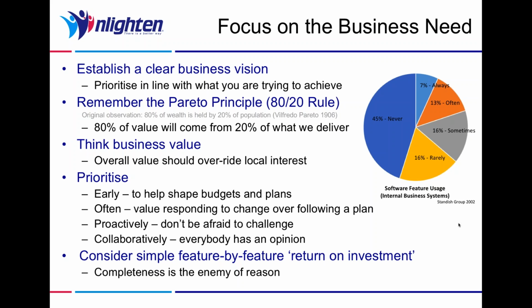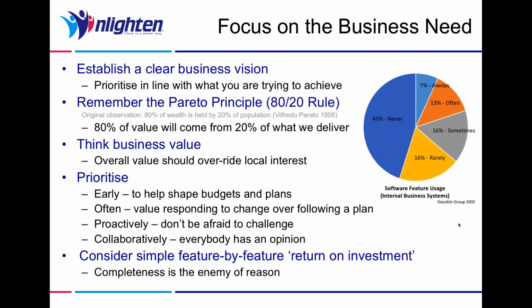So the idea here is that if we can de-scope things that, you know what, may never get used anyway, then nobody's going to feel that the solution is less valuable than it might have been. So what we exploit is the Pareto Principle, the 80-20 rule, which basically says 80% of the value will come from 20% of what we deliver.